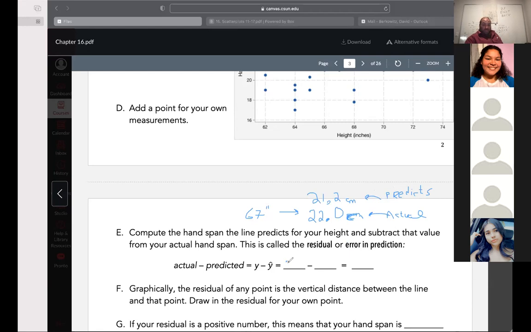The actual is 22 and the predicted is 21.2, so the actual minus predicted is 0.8 centimeters. We call this the residual, or the error in prediction: how far off the actual value is from the predicted value.